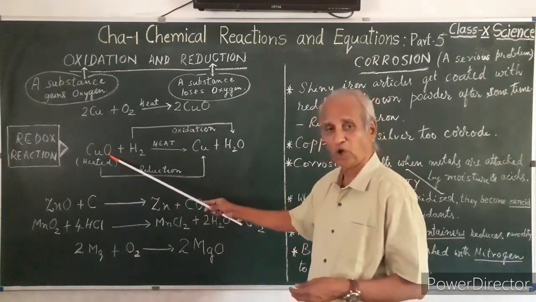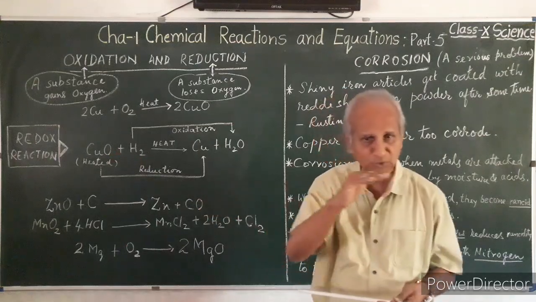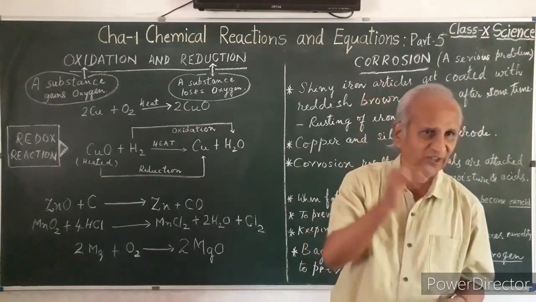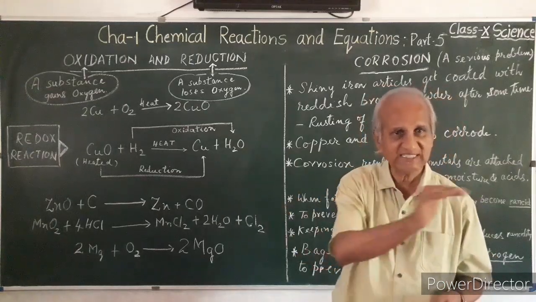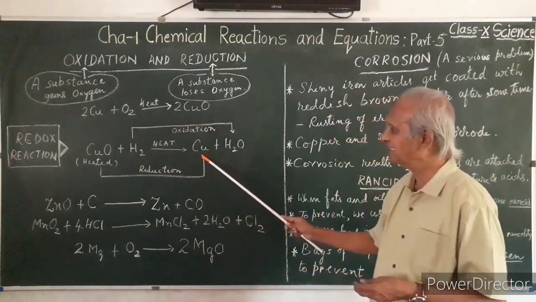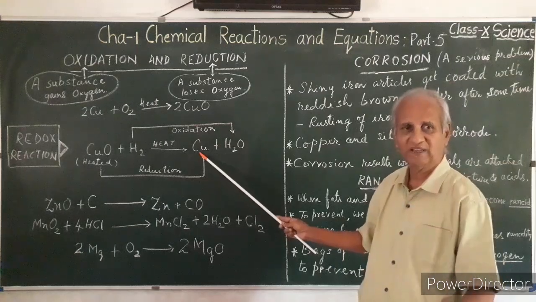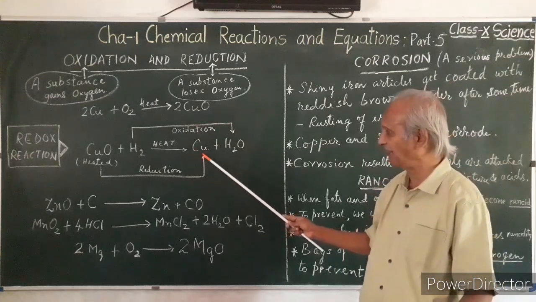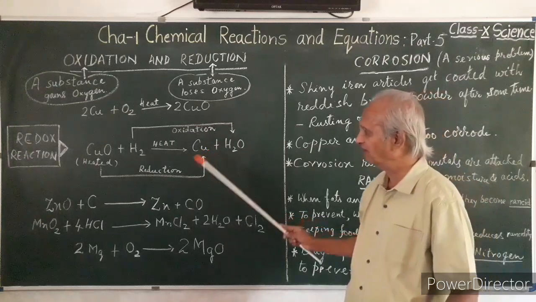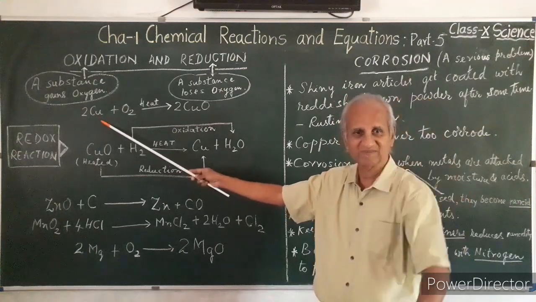So CuO, heated copper oxide, when hydrogen gas is passed over it, it gives up oxygen. It loses the oxygen that it had, and it again turns back into the copper powder you had to begin with.